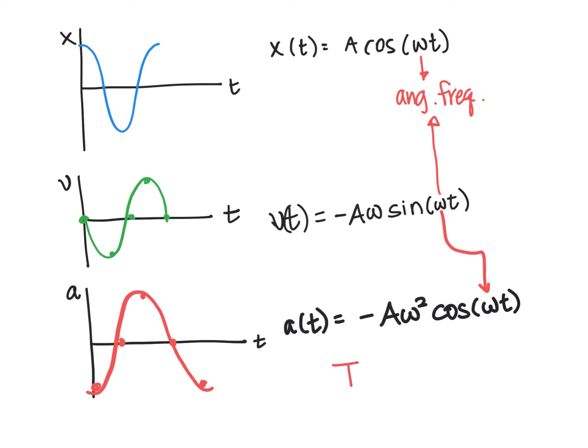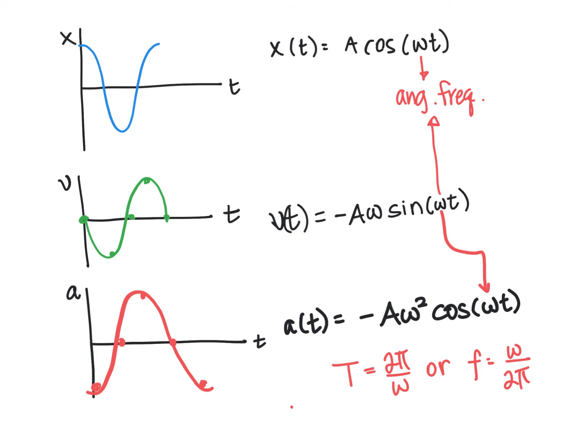Remember, the period is the time for one complete revolution. It being 2 pi over omega, or the frequency being the reciprocal of the period, omega over 2 pi. So omega is related to the cyclic nature, and 2 pi radians is the number of radians that an object traces through in one cycle.